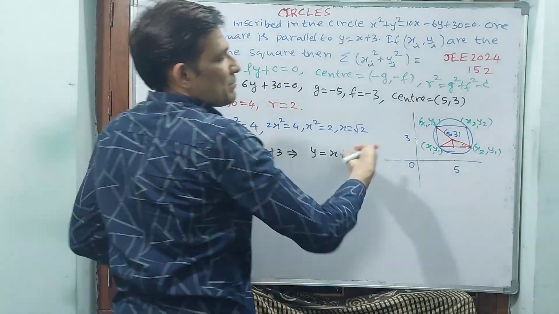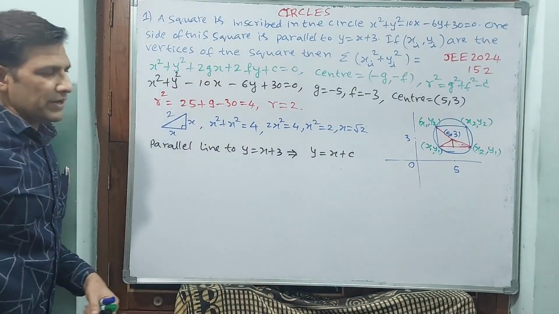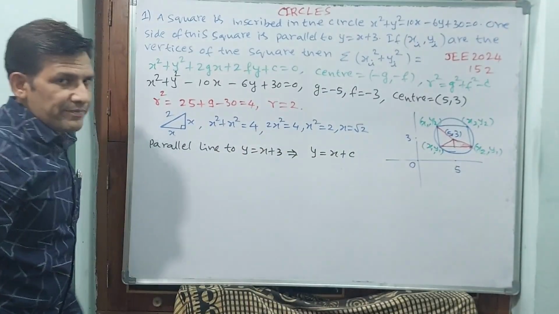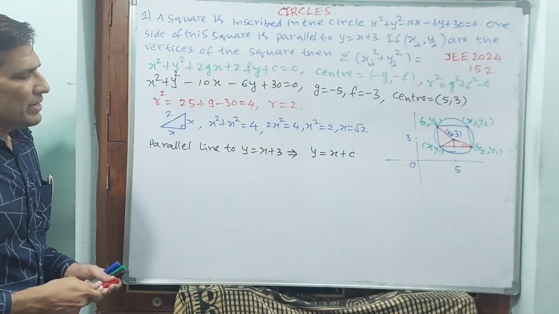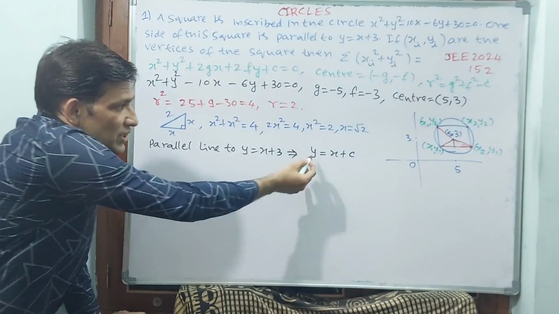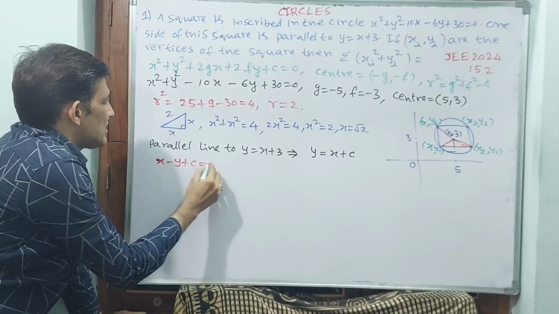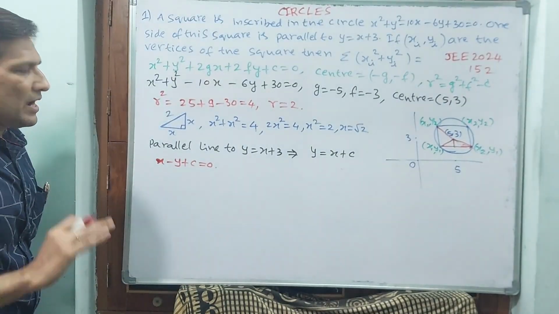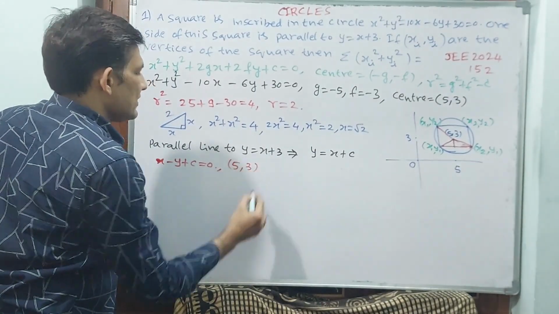Let us say this is the parallel equation and the perpendicular equation. A square means both will be there, parallel and perpendicular. That perpendicular equation I want to take as y equals minus x plus d. Now you tell me, y is equal to x plus c, is it correct? That is correct. Now how I am changing this equation, you see: x minus y plus c equal to 0 is one equation. Okay. Now see, this equation is there, and the center you also have, (5, 3).